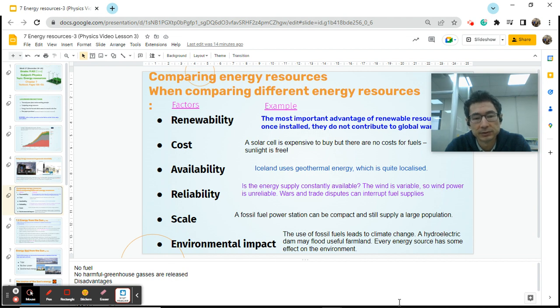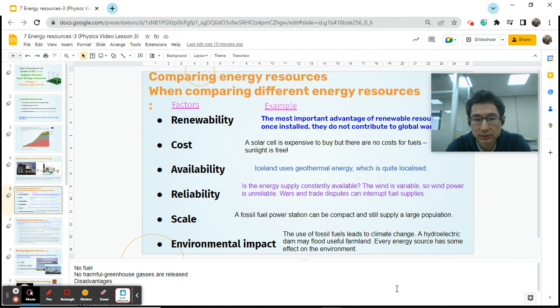So, for example, renewability is important. With solar panels, solar cells, or wind turbines, especially solar cells, when they are produced at the beginning, there is some CO2 production involved in making this stuff.